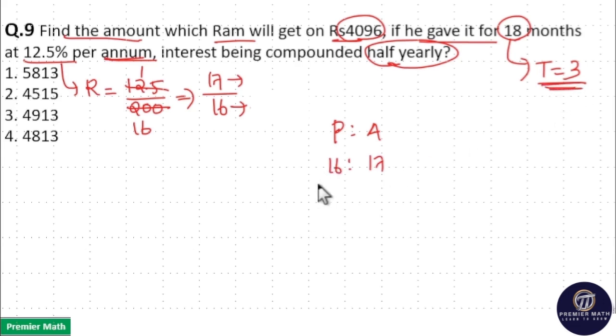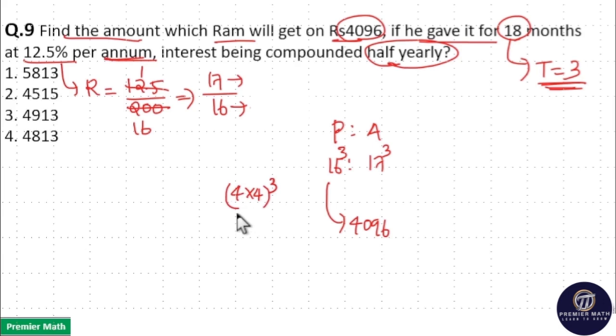Now the number of terms is equal to 3, so take the cube of it. 16 cube and 17 cube are the principal and amount generated at the end of 3 terms. Now 16 cube is given as 4096. Here 16 I can write as 4 into 4.